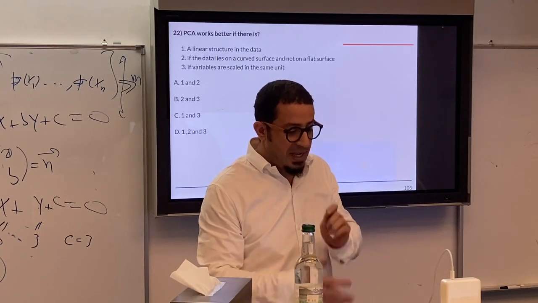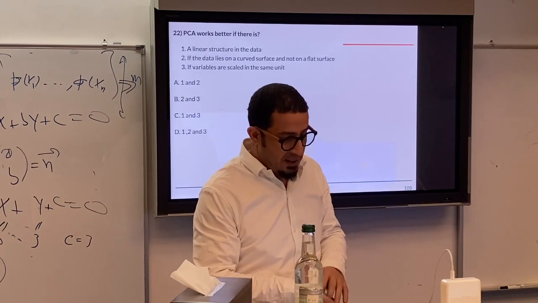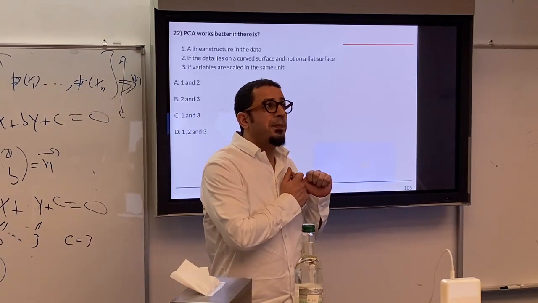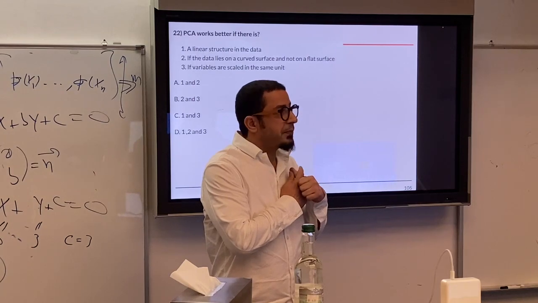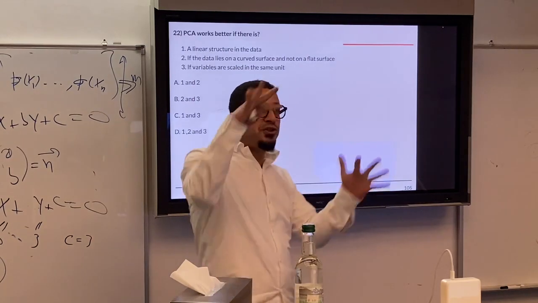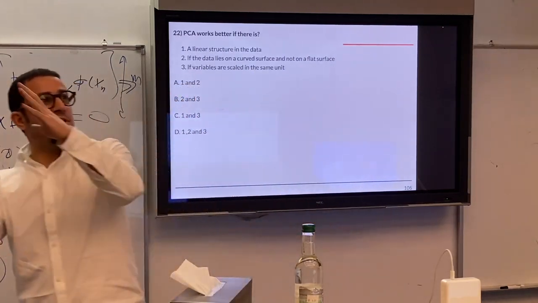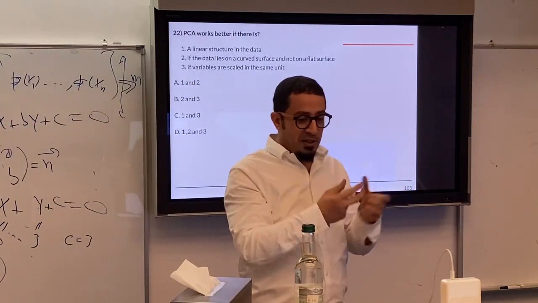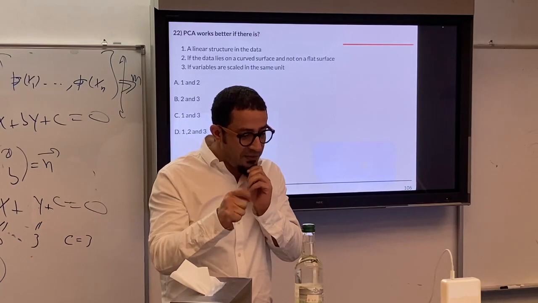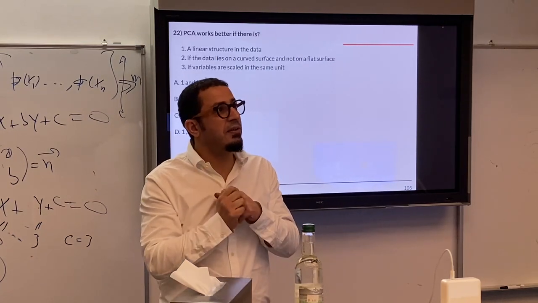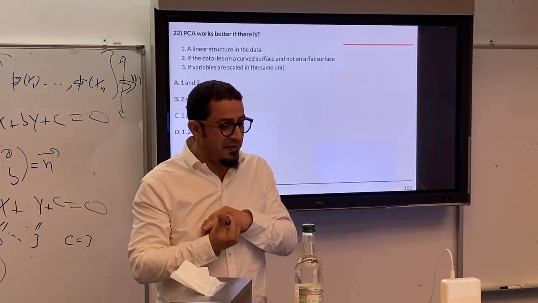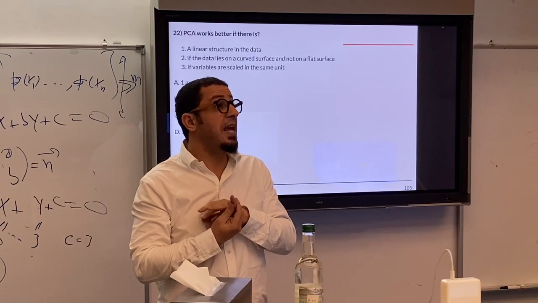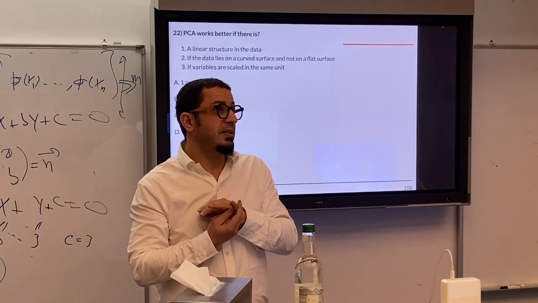PCA works better if there are linear structures. Yes or no? It means the data is going like this, a linear shape. Circular, it is not. If the data lies on a curved surface and not on a flat surface. If the variables are scaled in the same unit. It's normalization.